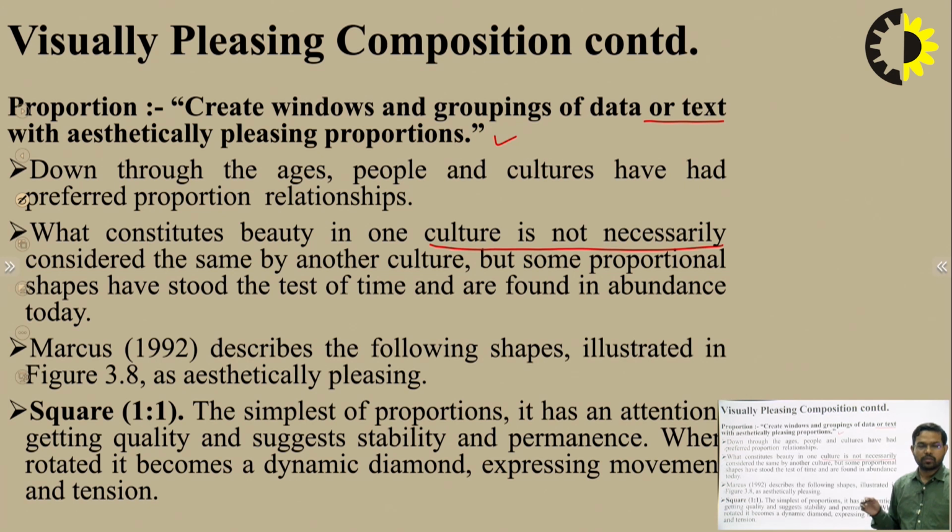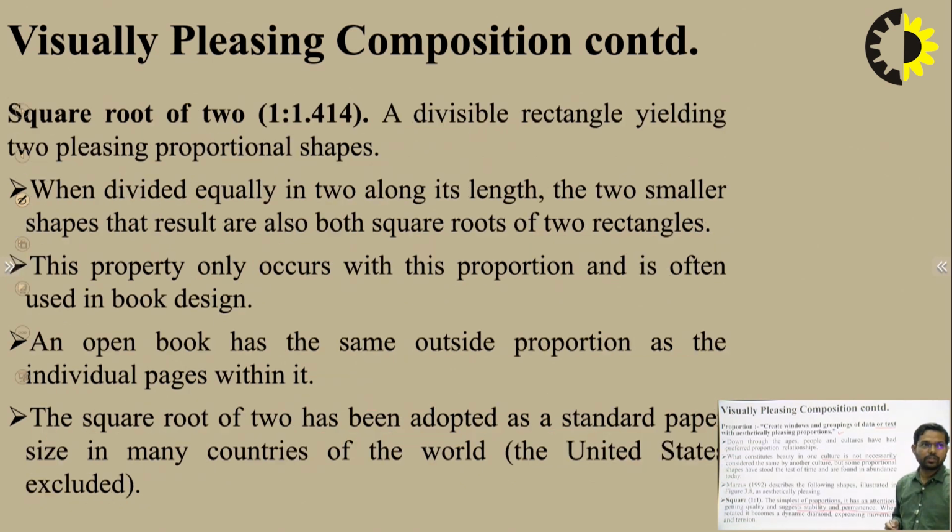Marcus described the following shapes illustrated in figure 3.8 as aesthetically pleasant. Square, 1:1, the simplest of the proportions. It has tension, suggesting equality, stability and permanence. When rotated, it becomes a diamond, expressing movement and tension.